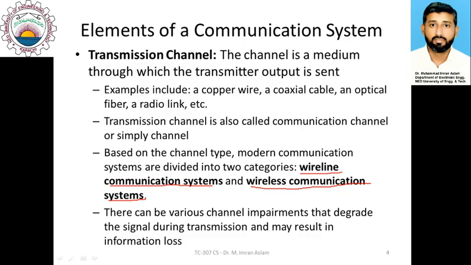Like the mobile phones that we use or satellite communications, they are examples of those wireless communication systems where we do not have physically connected lines between transmitter and receiver, rather the signal goes through the air. As I said, for this particular course we'll be focusing on wireline communication systems, and we have a dedicated course on wireless communication systems in our next semester.